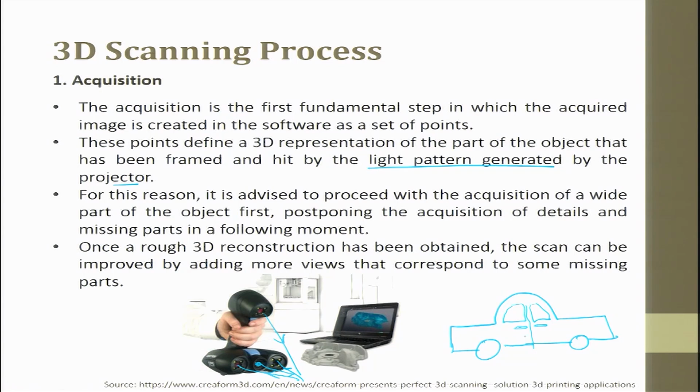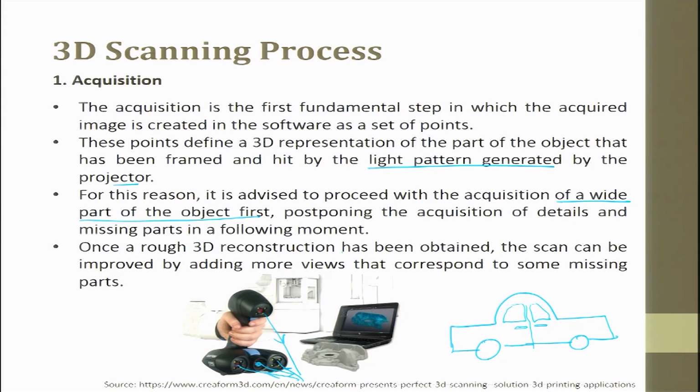If you want to look for all details in one shot, it will be very difficult. So first you take a wide scan of the complete object, then you start working on minute details, and then get both of them stitched in software. Then you get all the data continuously.